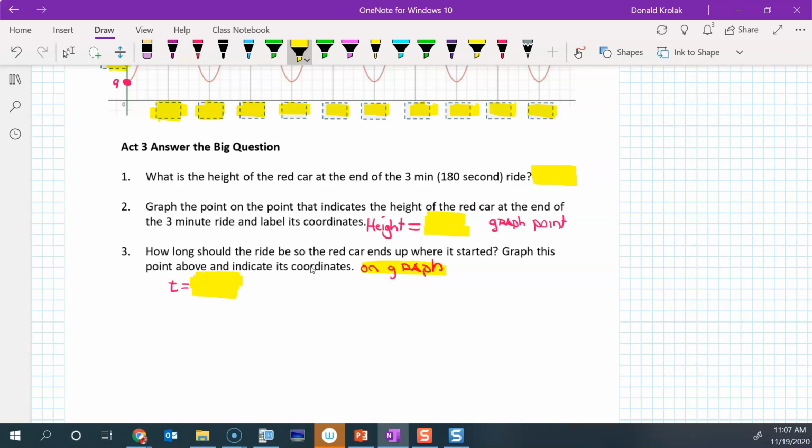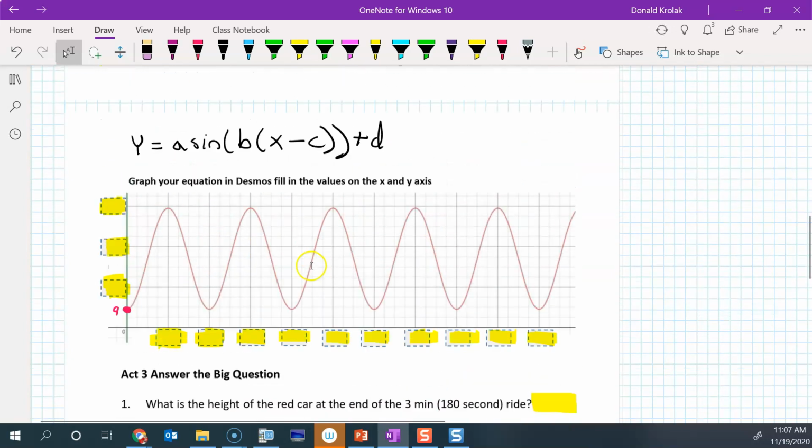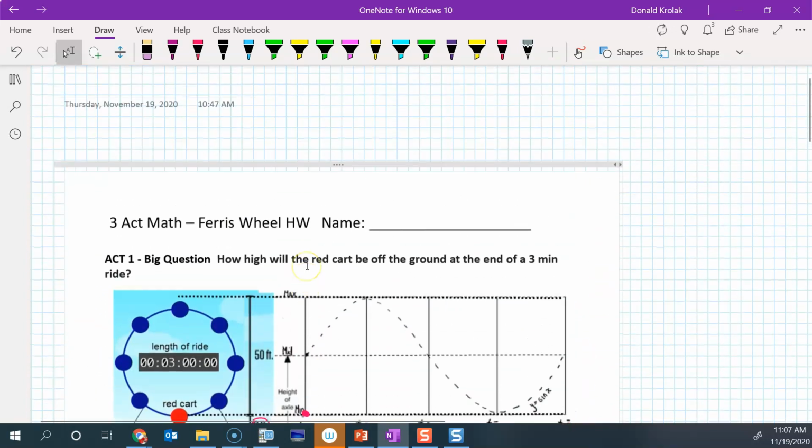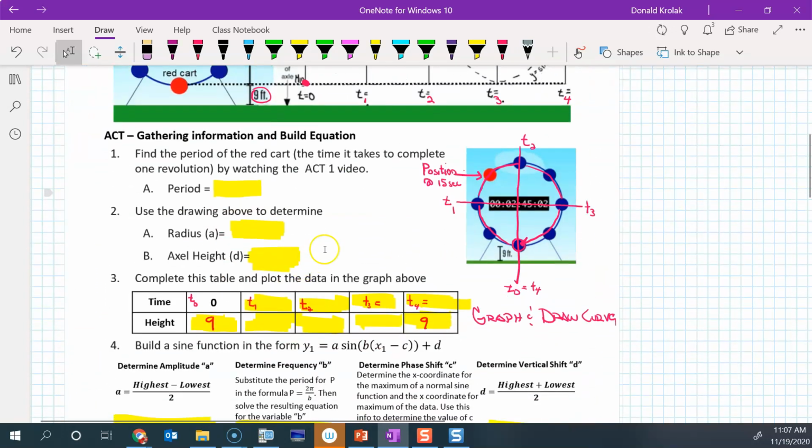And then you're going to graph the point on the graph as well. So using this position at 15 seconds, figure out your 4 times, figure out what your period is, and then divide that by 4. And that's going to be the times that you put in here. This is going to be your period divided by 4.